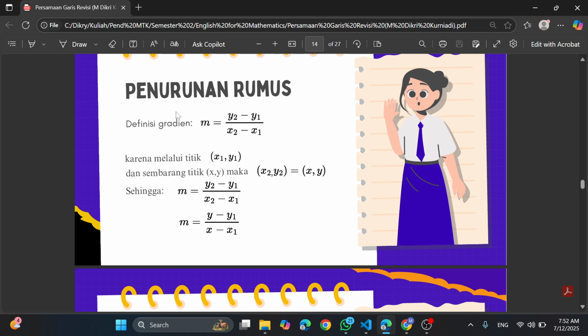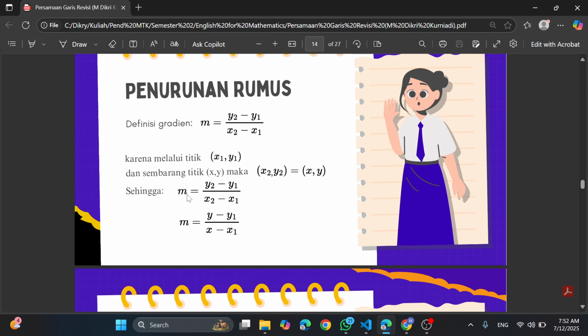And the derivation of the formula. Gradient definition: m is equal to y2 minus y1 over x2 minus x1. Since passing through x1, y1, and any point of x, y, then x2, y2 equals x, y.